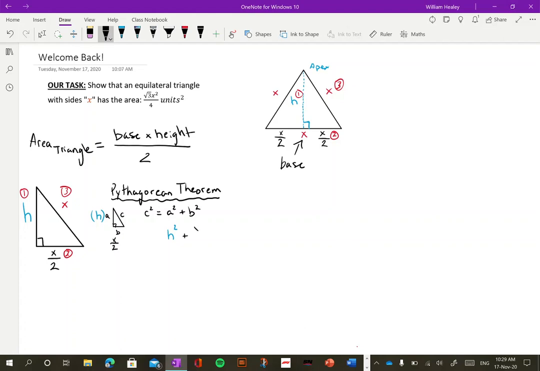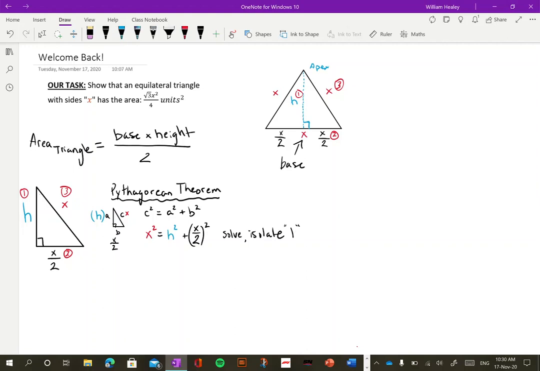We're adding x over 2 to the power of 2. And side C we call x. So we have x squared is equal to. And at this point we need to solve for h.